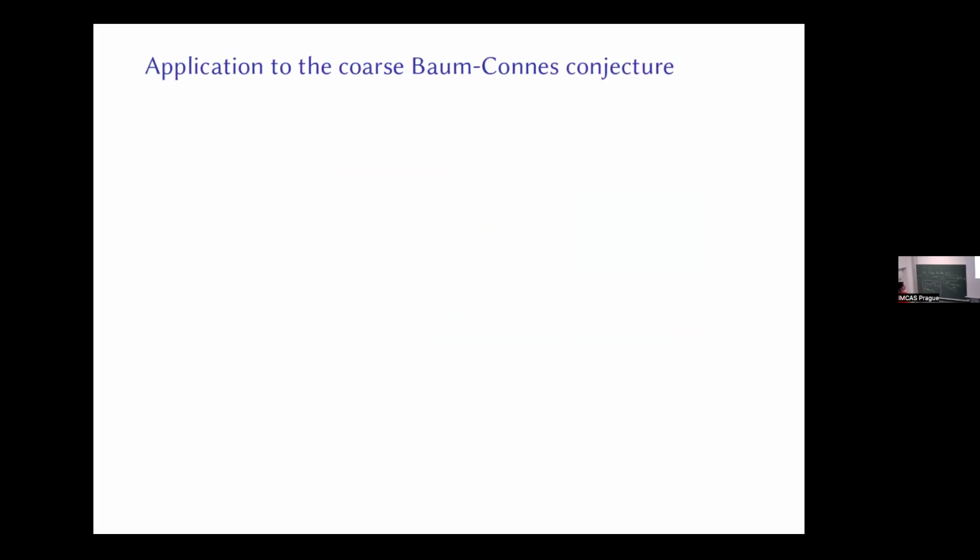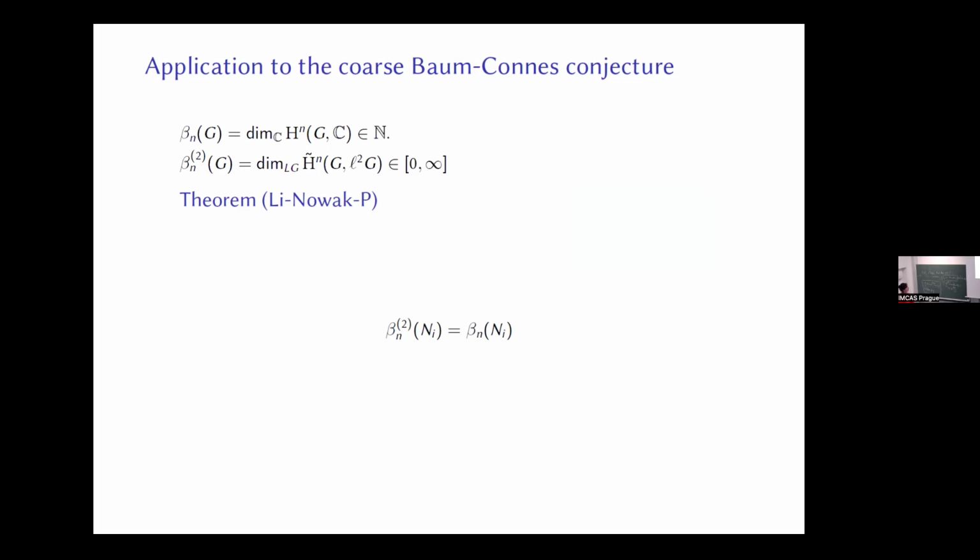Now, what can we get out of this coarse Baum-Connes conjecture with respect to the Kazhdan projection is the following. We would get an equality between the values of L²-Betti numbers in degree n and Betti numbers in degree n. Recall, Betti numbers are defined as the standard dimension of the cohomology of G with complex numbers as coefficients, and such a dimension lives inside the natural numbers.